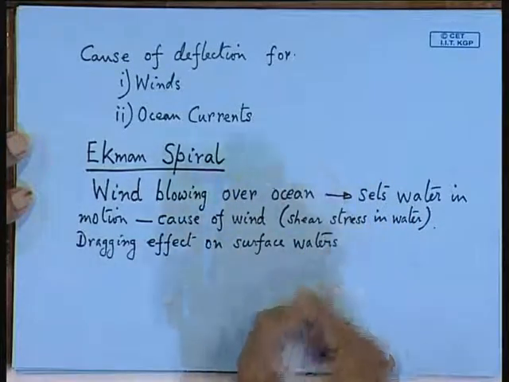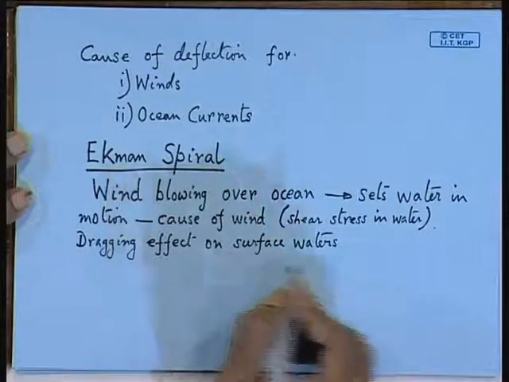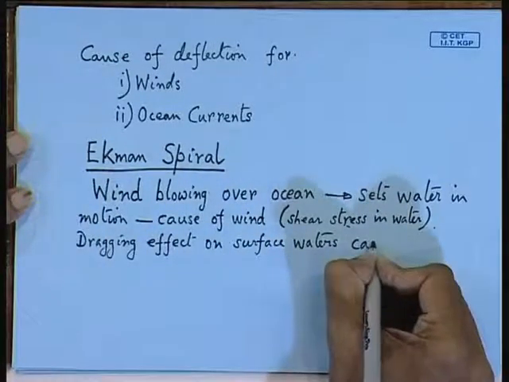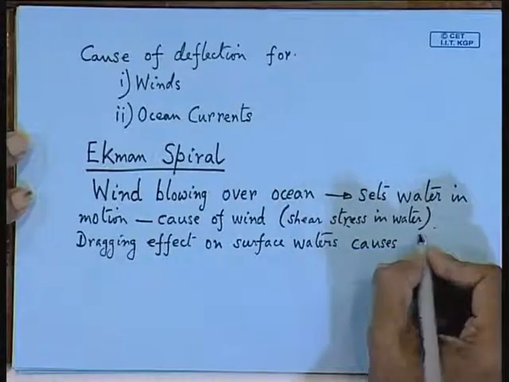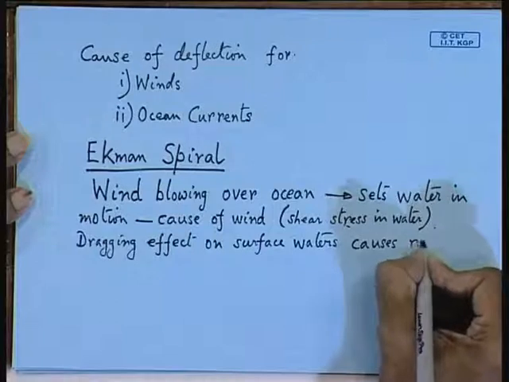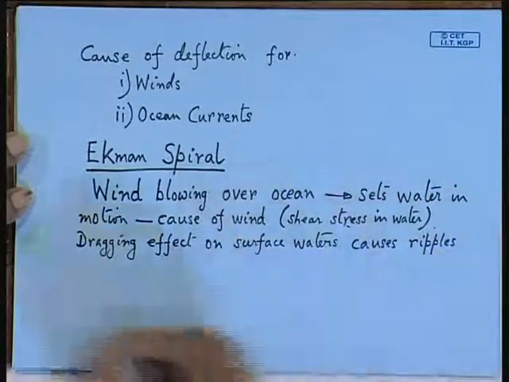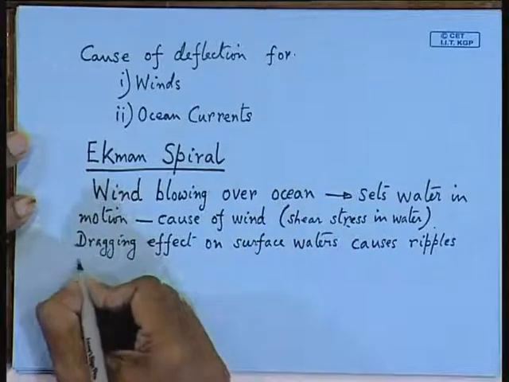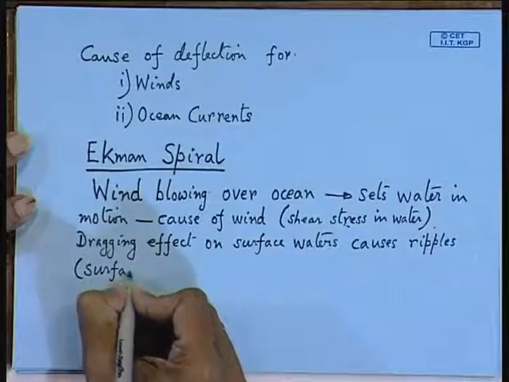So there is a frictional force that causes ripples. Now, ripples are named as surface roughness.